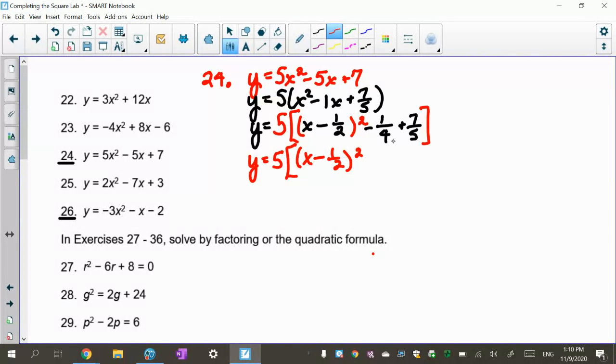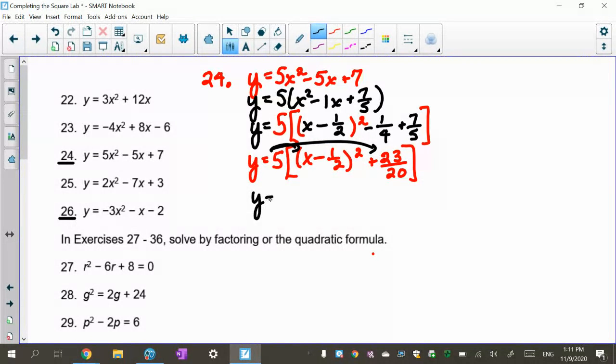Now I'm going to combine these two right here. And when I combine the negative 1/4 and 7/5, I get a positive 23/20. And then I close the bracket. Now don't forget the last step is to distribute.